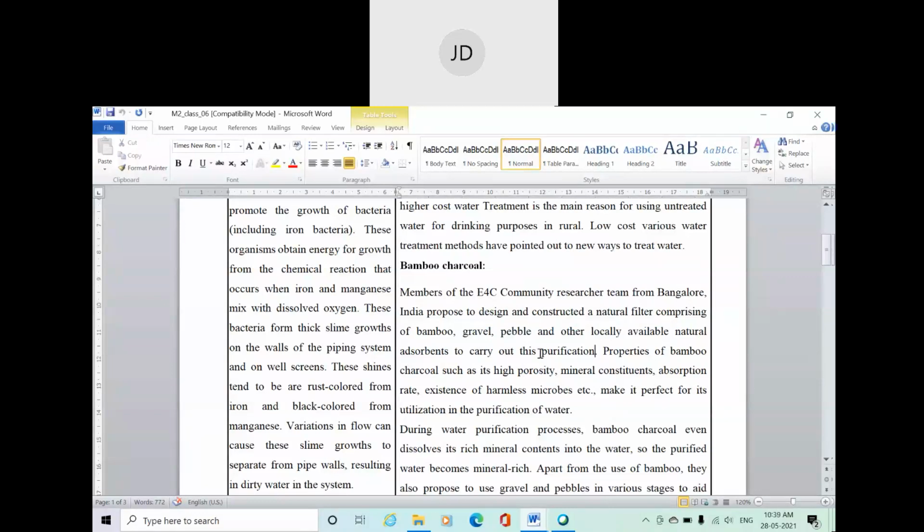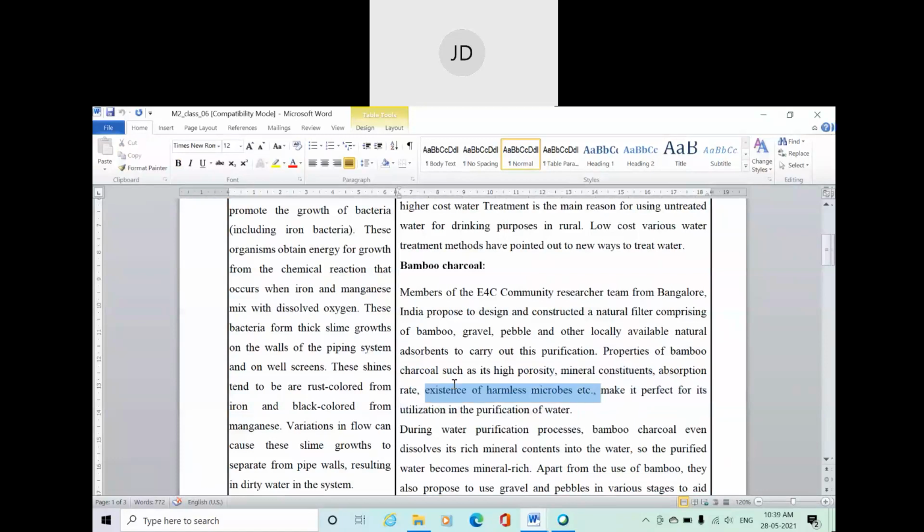And why can you use bamboo charcoal? The properties of bamboo charcoal, such as its high porosity, mineral constituents, absorption rate, and existence of harmless microbes, make it perfect for purifying water. There is so much advantage: first of all, it contains minerals, which are beneficial for our human body.